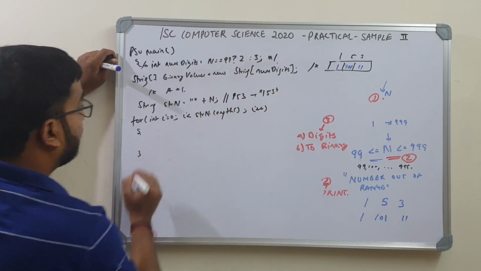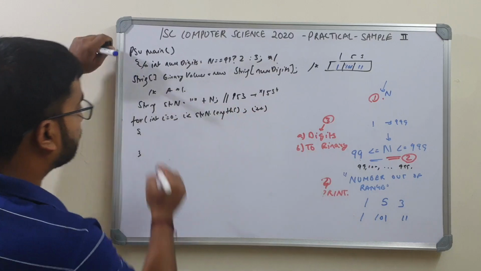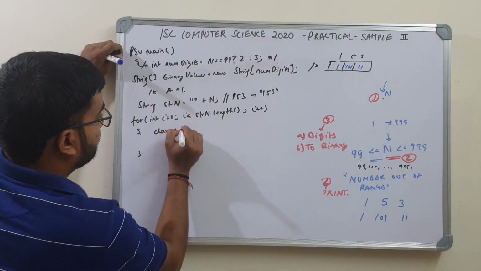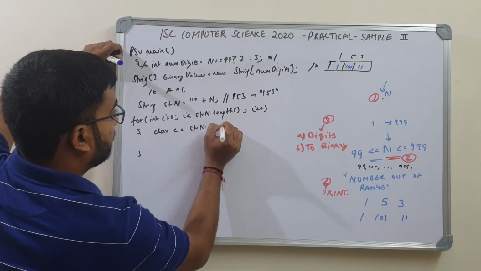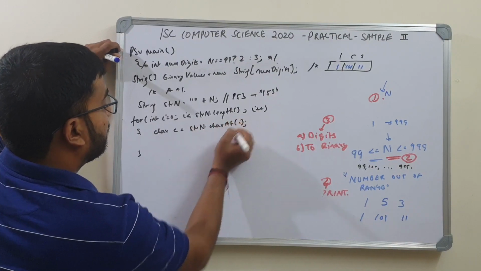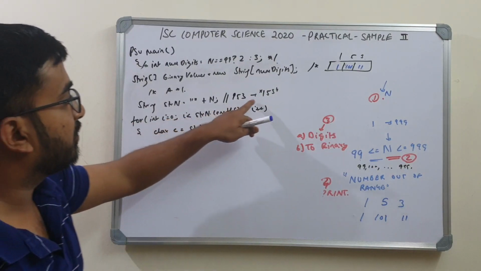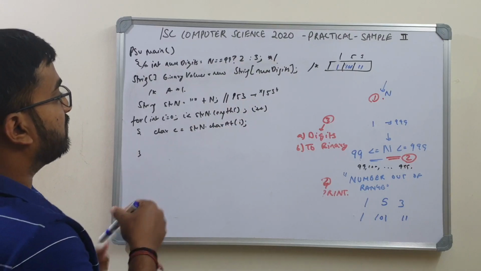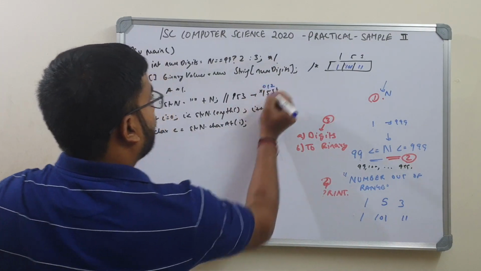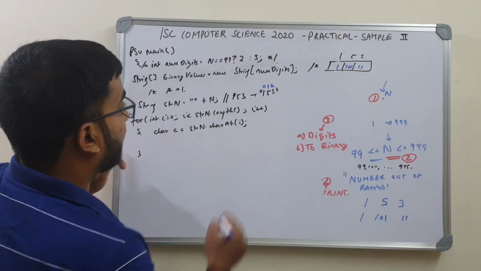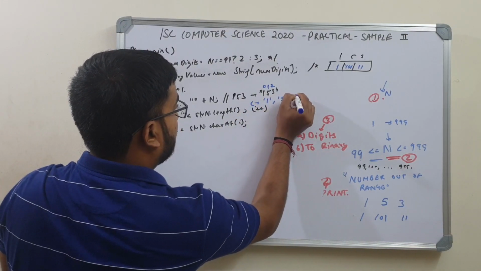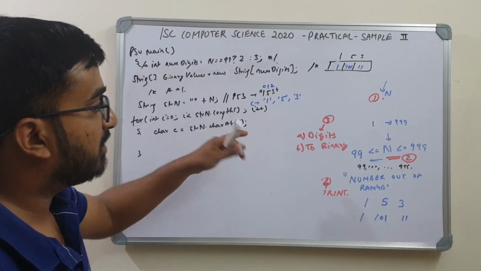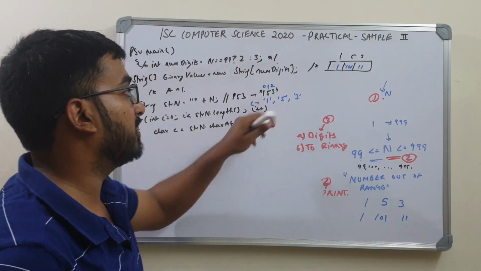I need to get the digit at this point, so I'm going to say char c equals strn dot charAt i. This is going to give me the ith character. So i for this case goes 0, 1, 2, so I'll get character c as 1, 5, 3. Keep in mind that these are characters, these are not digits yet.